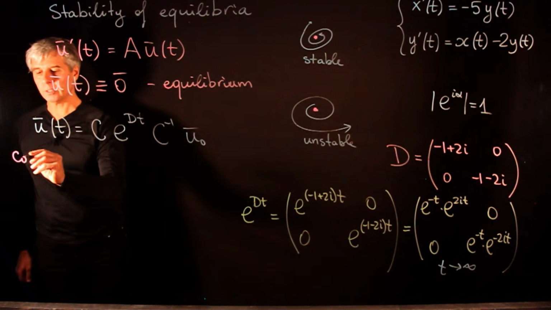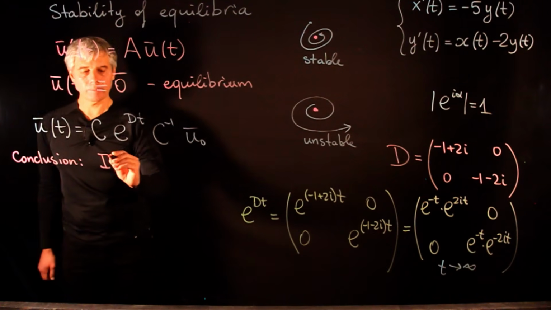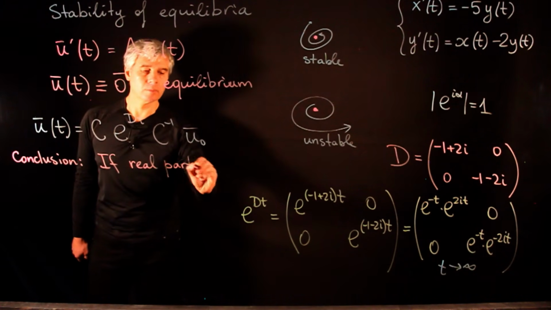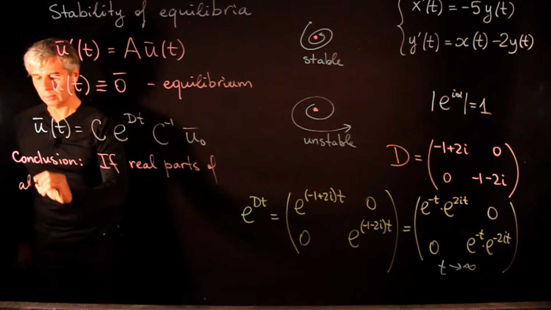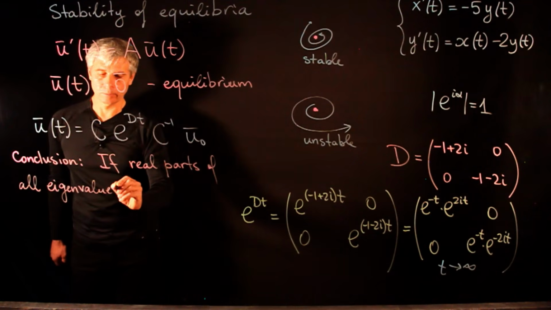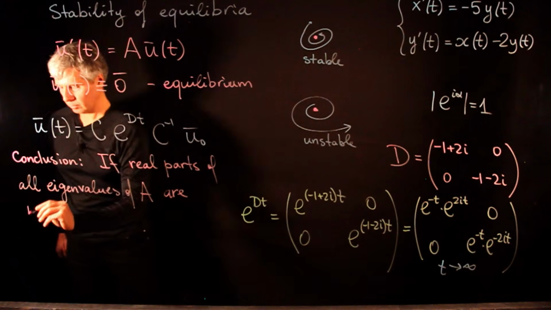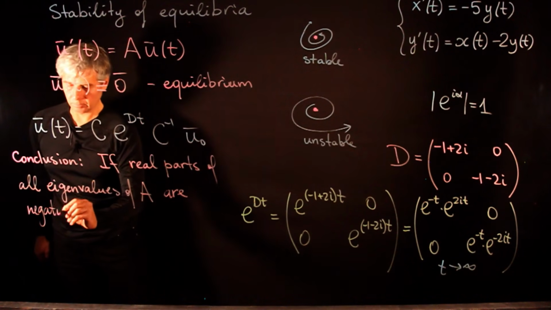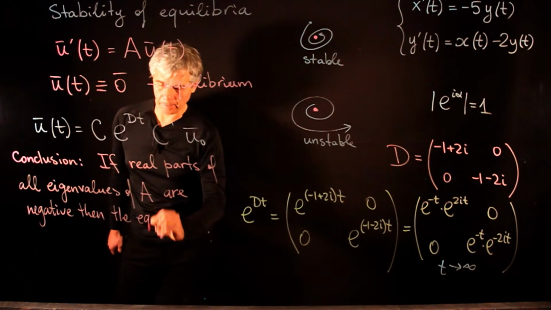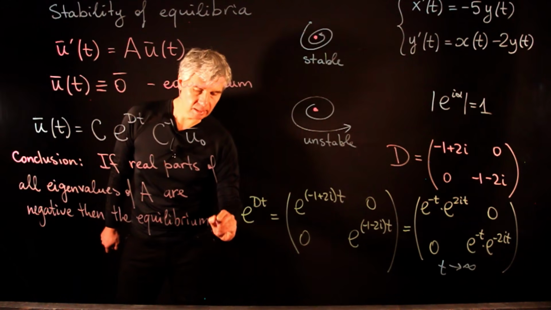So we get the following conclusion. If real parts of all eigenvalues of A are negative, then the equilibrium is stable.